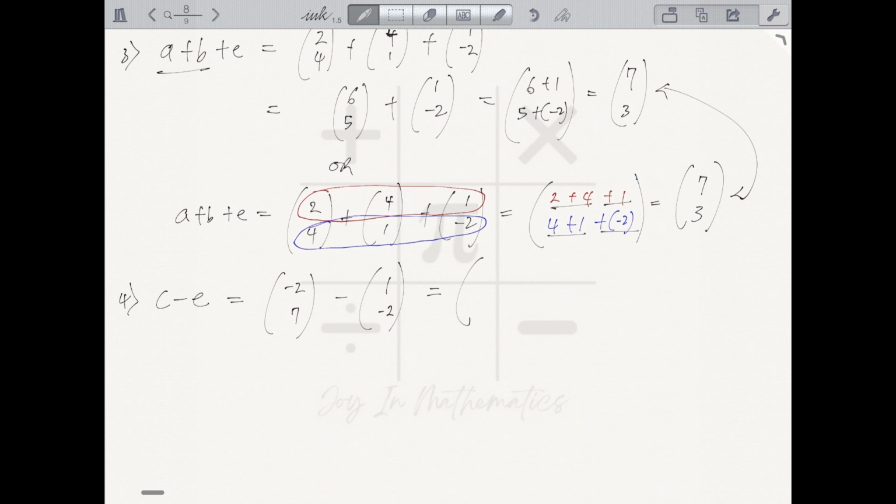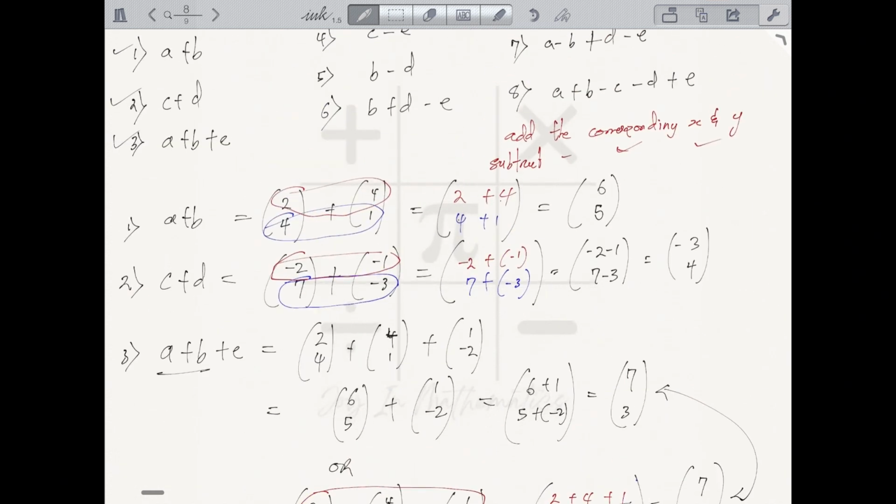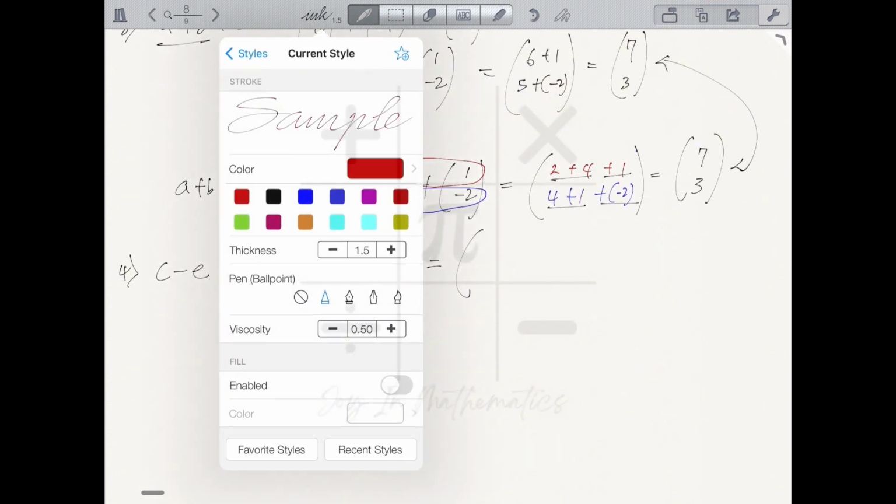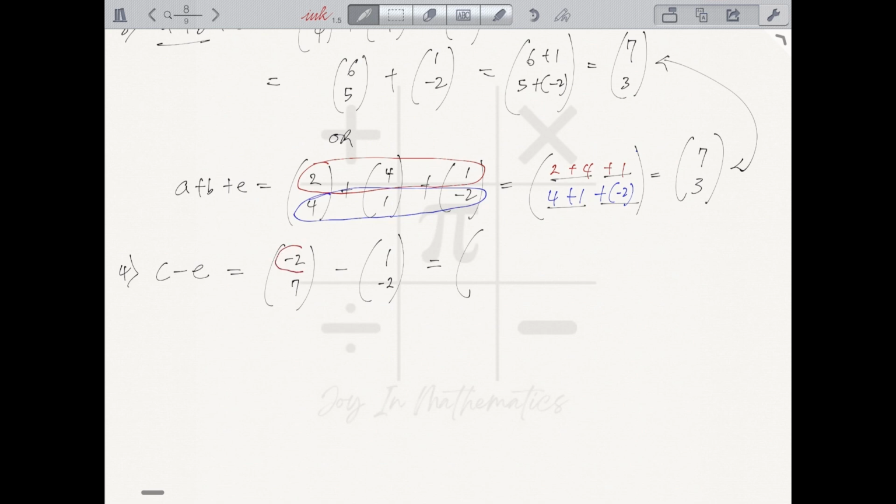Now, since we know the rule, we are dealing with the corresponding x and y components. Let's deal with the x components. This will give us -2. Now, notice that we have a subtraction sign here. So it will be -2 minus 1. And this will give us 7 minus -2.